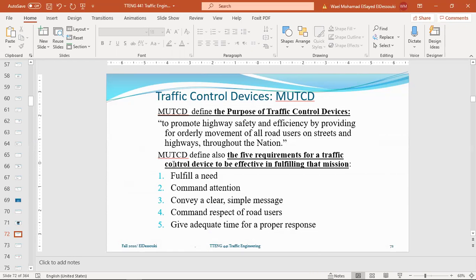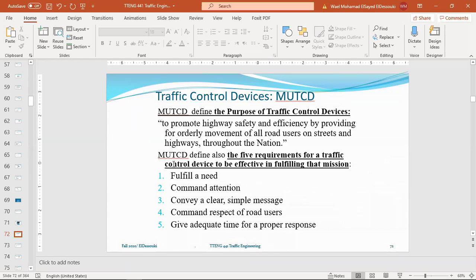1, the control device should fulfill a need. It should not be redundant. Number 2, it must command attention of the road users. 3, it must convey a clear and simple message. It should not be confusing to the drivers. 4th, it should command respect of road users. 5, it should give adequate time for proper response.